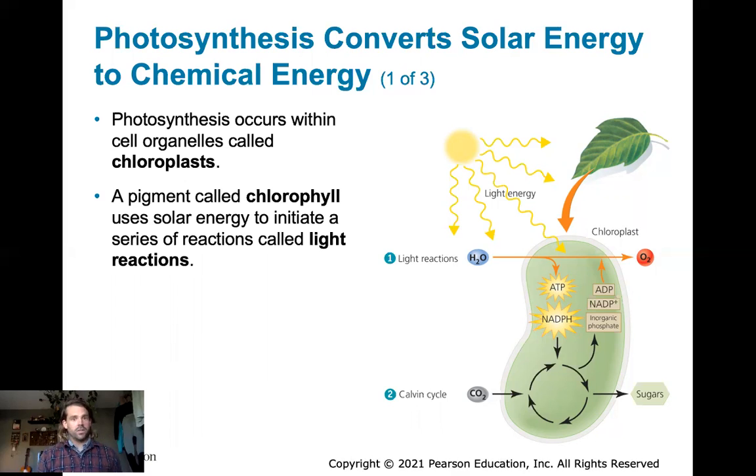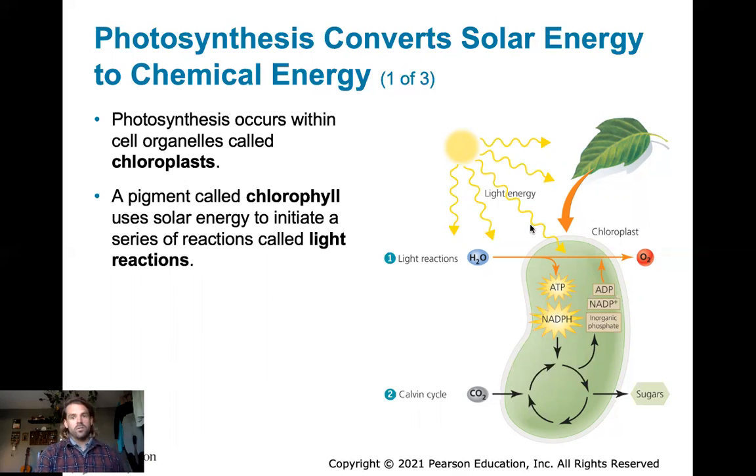but I want to go over photosynthesis in general. Photosynthesis occurs within cell organelles called chloroplasts in a plant. And a pigment called chlorophyll is essentially what harnesses light energy. Now, I don't need you to remember the ATP to NADPH, Calvin cycle, any of this detail.